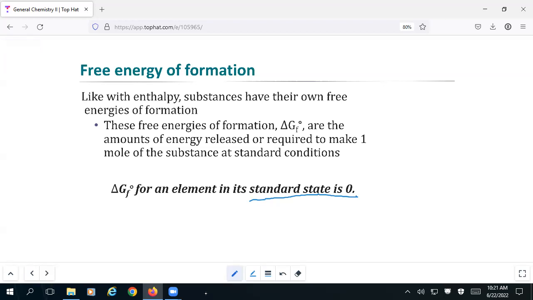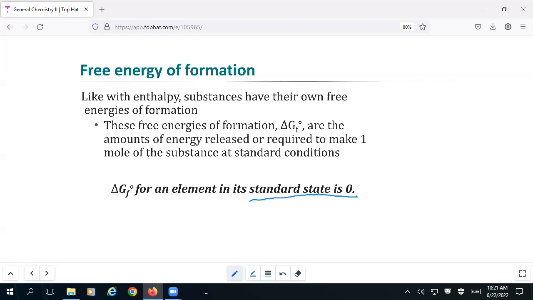So once again, if we have elements that are in their normal phases, so nitrogen as a gas, oxygen as a gas, phosphorus as a solid, sulfur as a solid, whatever the case may be, so long as they are in their standard state, their free energy of formation will be 0.